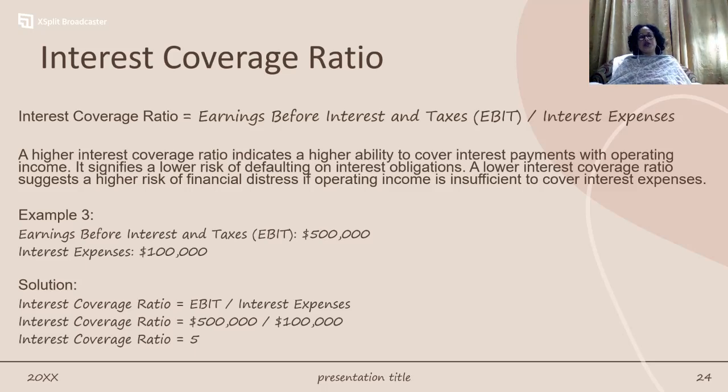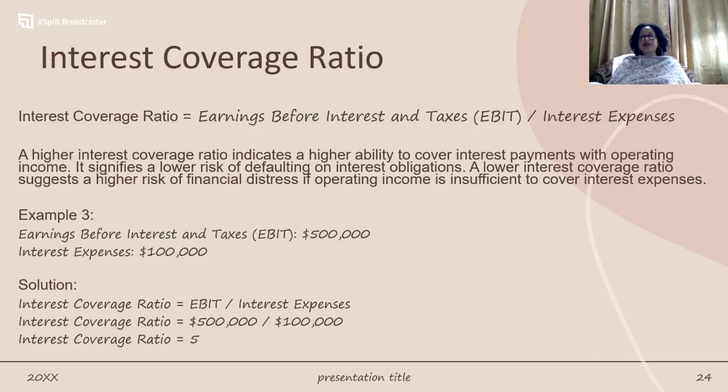Interest coverage ratio. The interest coverage ratio is equal to EBIT divided by the interest expenses. EBIT is earnings before interest and taxes. A higher interest coverage ratio indicates a higher ability to cover the interest payments with operating income. It signifies a lower risk of defaulting on interest obligations.